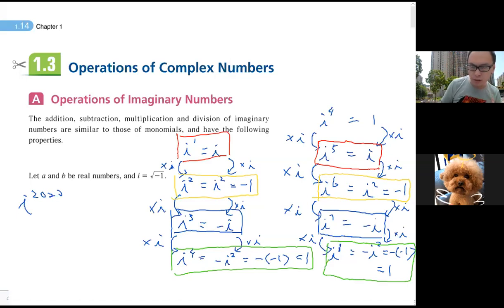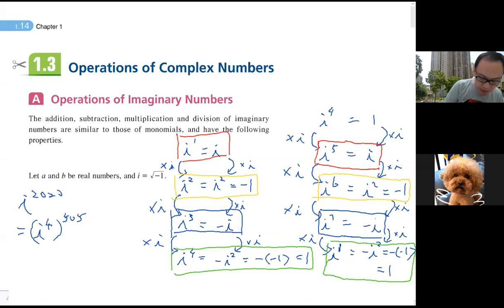So you just need to find whether it is a multiple of 4. We know that i to the power 2020 is actually equal to i to the power 4, to the power 505. So we can still use the laws of indexes here.